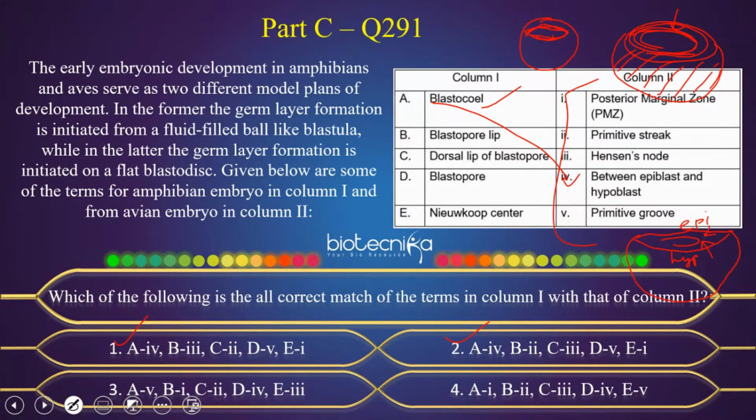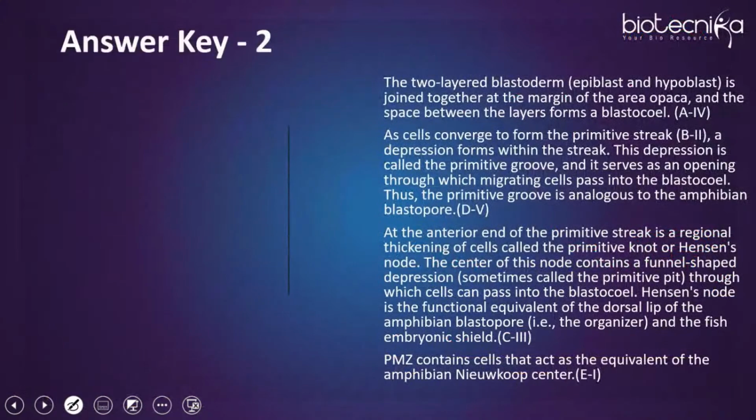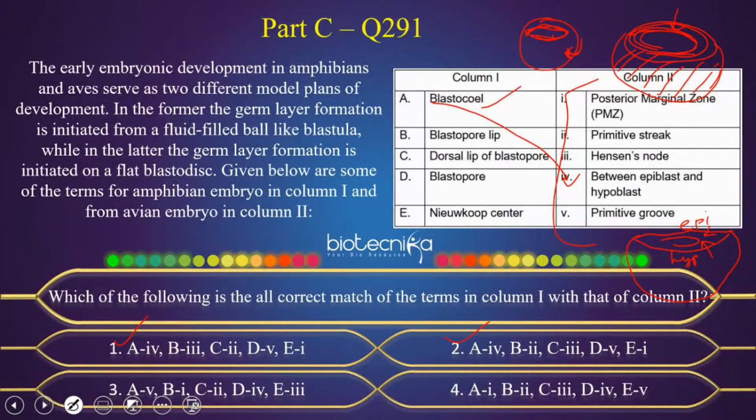Okay, then let's see blastopore lip. You know there is a blastopore lip which starts from here, where the movement of the cells will start. The cells will start to go inside. Okay, so inside means the cells will start to migrate, and that happens basically in the epiblast, a line is formed, a streak is formed which is called primitive streak.